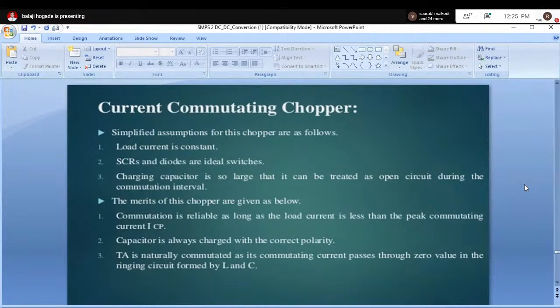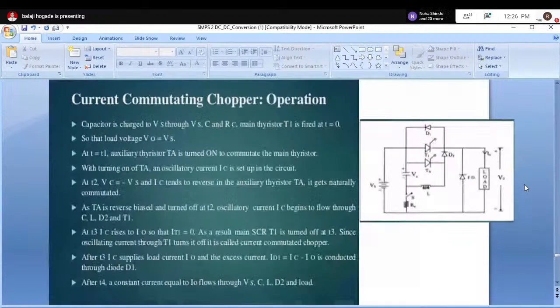At that point, when the current is passing through zero value from positive to negative, the auxiliary SCR will be turned off, and it is a natural commutation. When the input appearing across the device is sinusoidal, that means AC type, then the device will be naturally commutated. These are some assumptions and merits of the current commutated chopper.